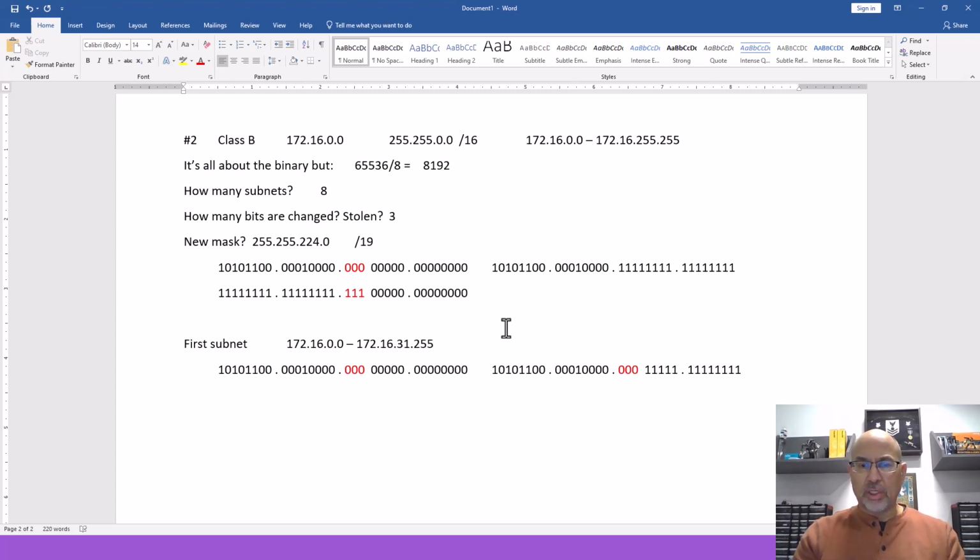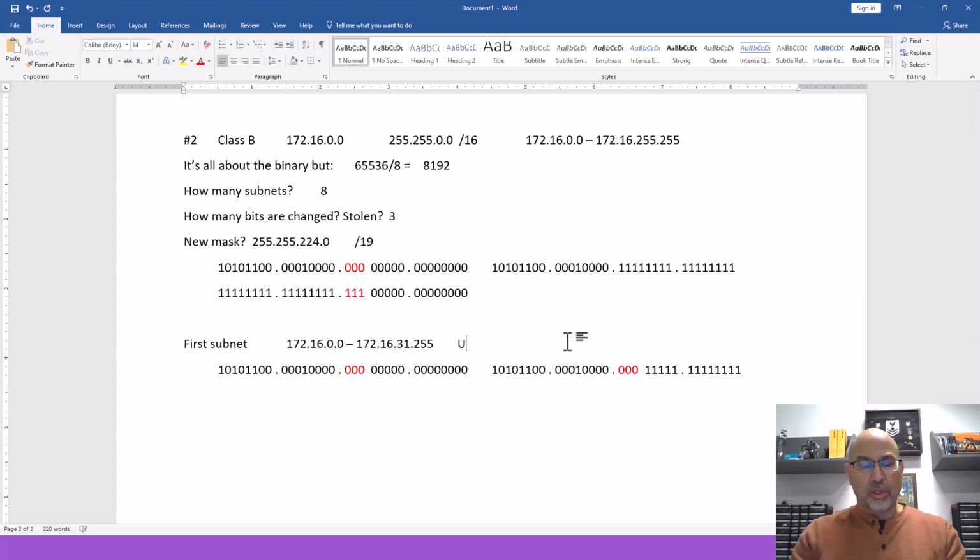How many hosts is that? Well, it is 8,192. Well, how do we figure that out? It might be that we did 256 and then 512, 1024, 2048, 4096, and then this value here, we know it's 8192, but is it really? We say that it's 0.0 to 31.255.